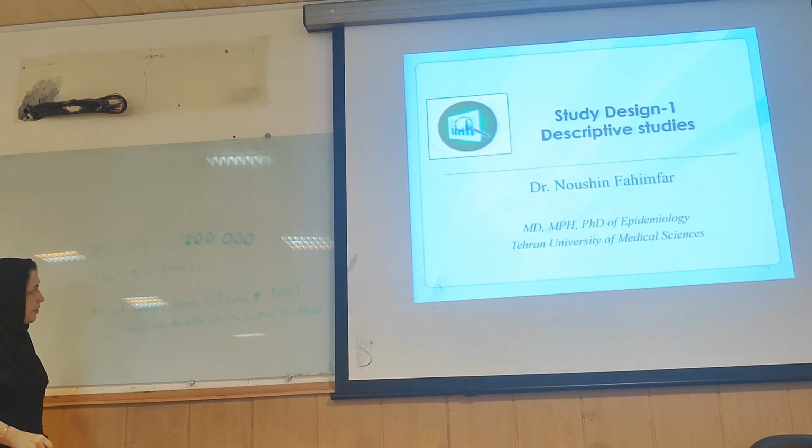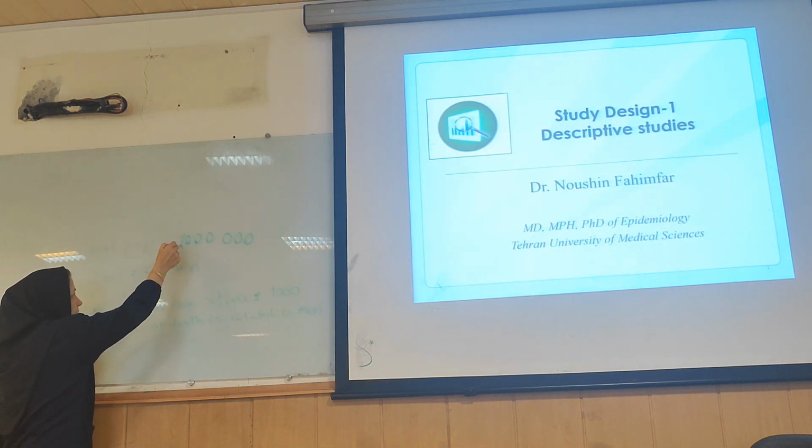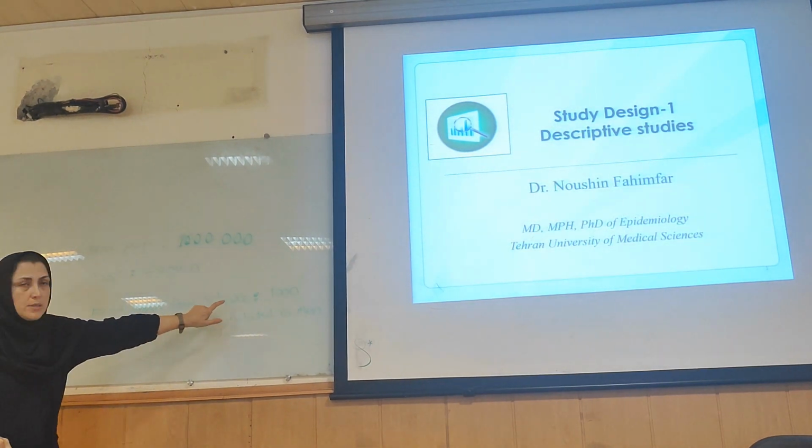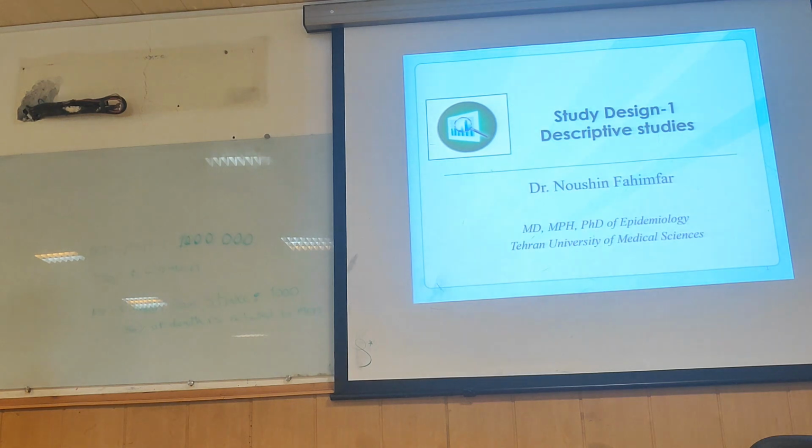Okay, so what do we have? 50% of this total population are women. The number of deaths from a stroke is 1,000, and 30% of deaths are related to men.